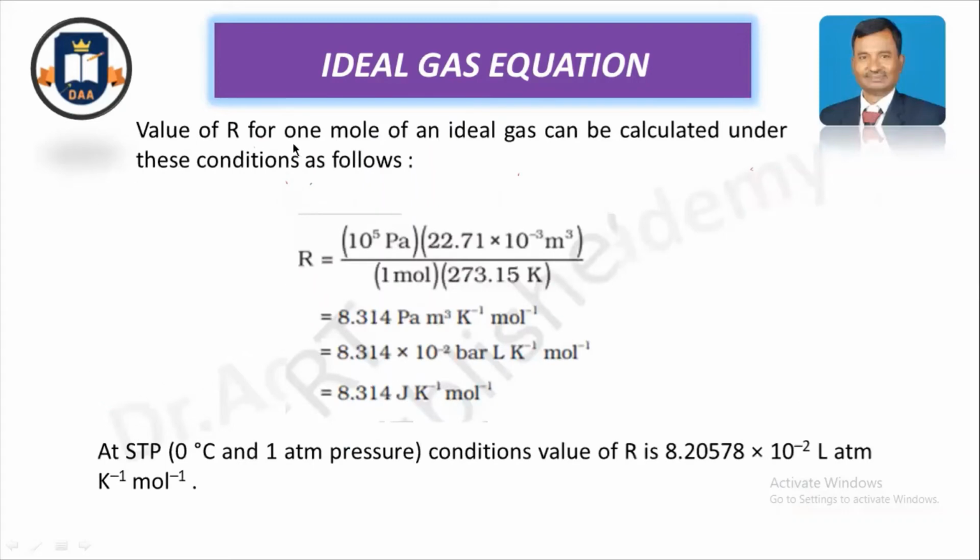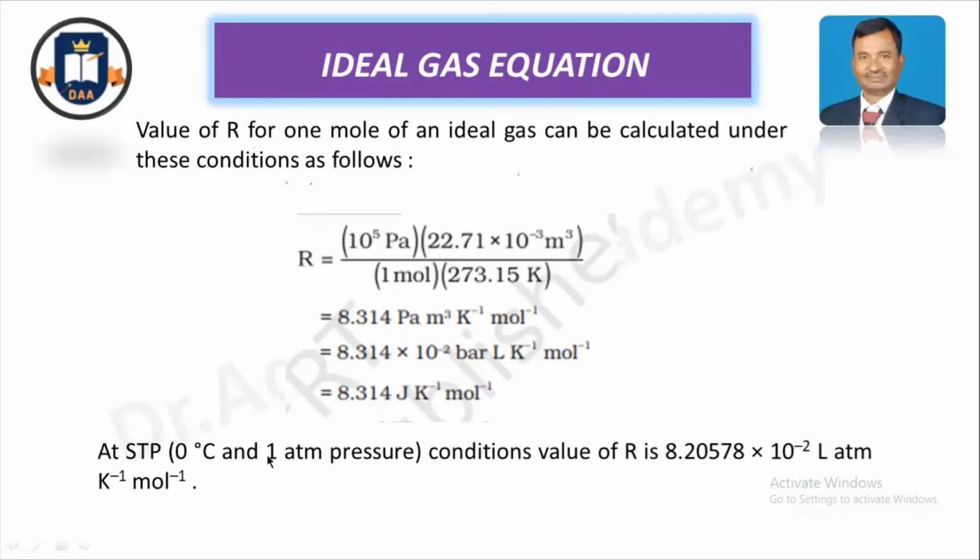The value of R for 1 mole of ideal gas can be calculated under this condition. If you put in all the values under STP, standard temperature and pressure, then after the calculation the value of R is 8.314 joule per Kelvin per mole.